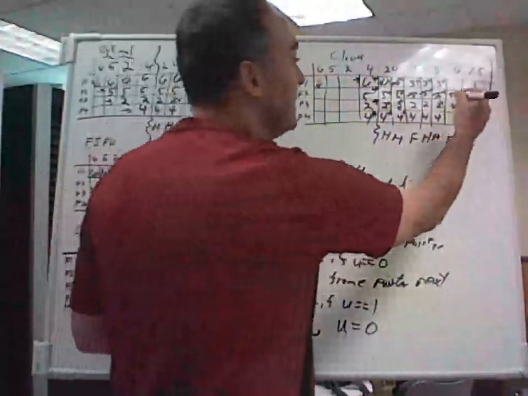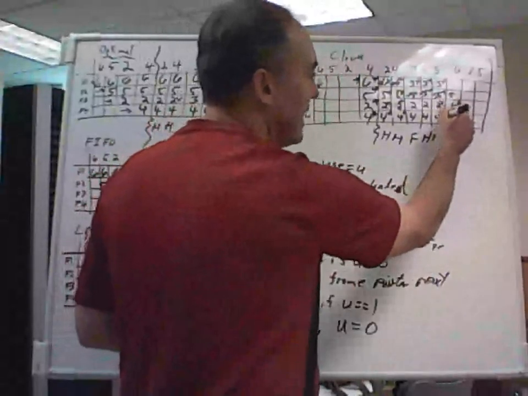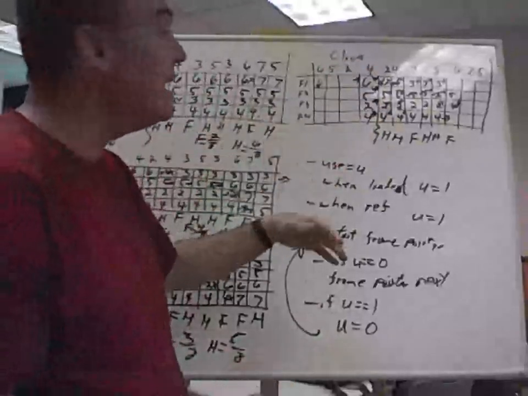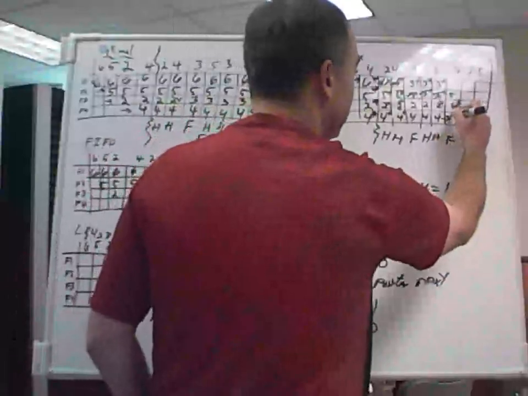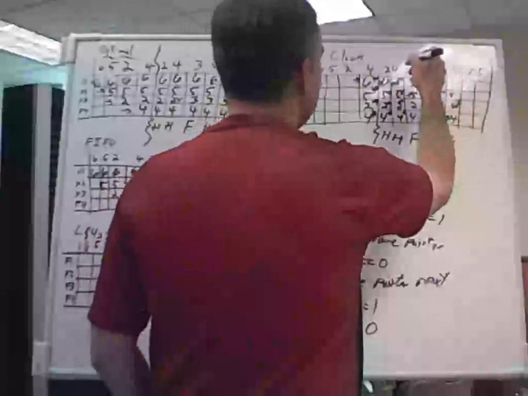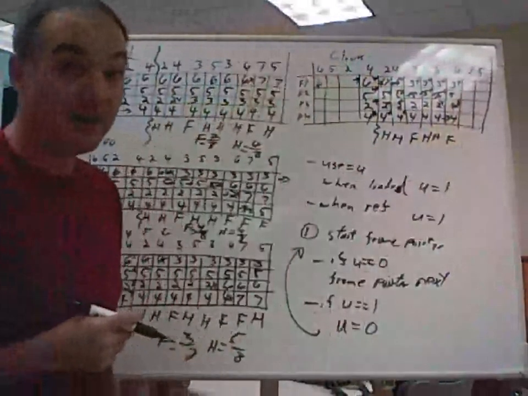It comes in with the use bit set to 1, okay? And our frame pointer now points to the frame after where we just replaced, so it's now pointing to frame 4. And then the other content stays the same. So frame 4 still has page 4 in it, and frame 1 still has page 3 in it with the use bit set. All right.